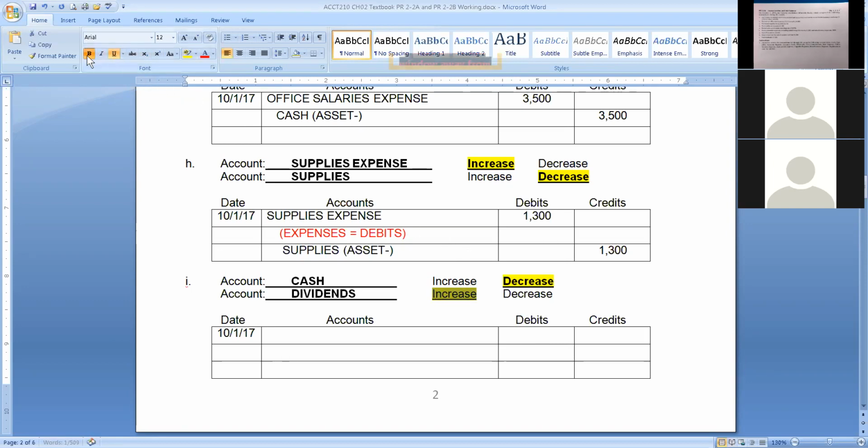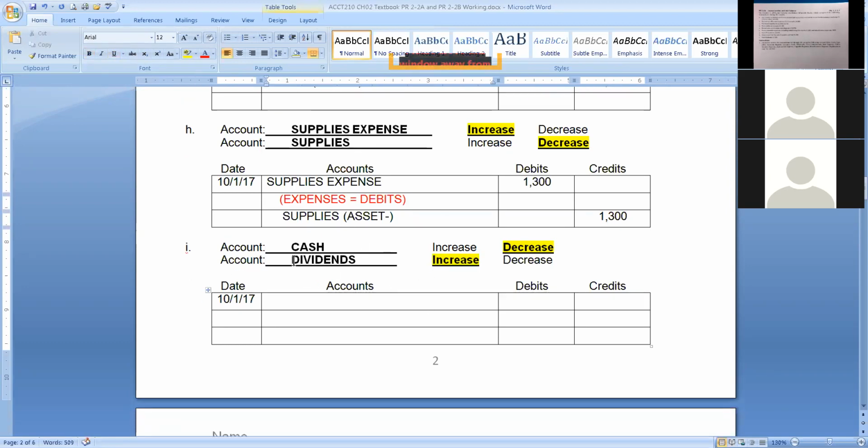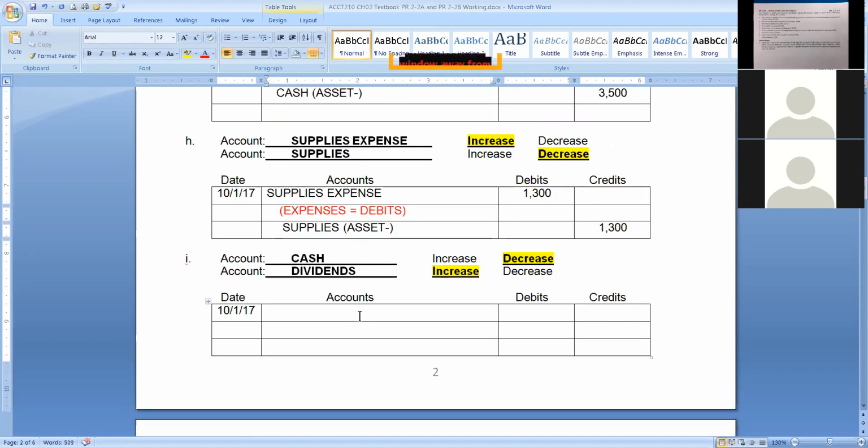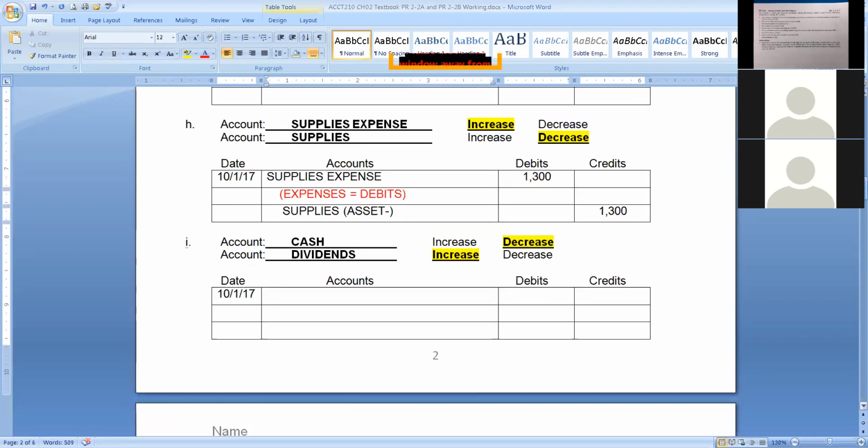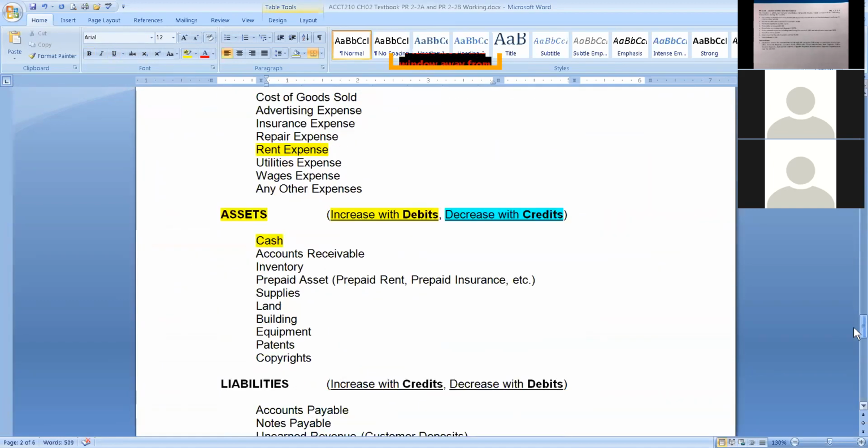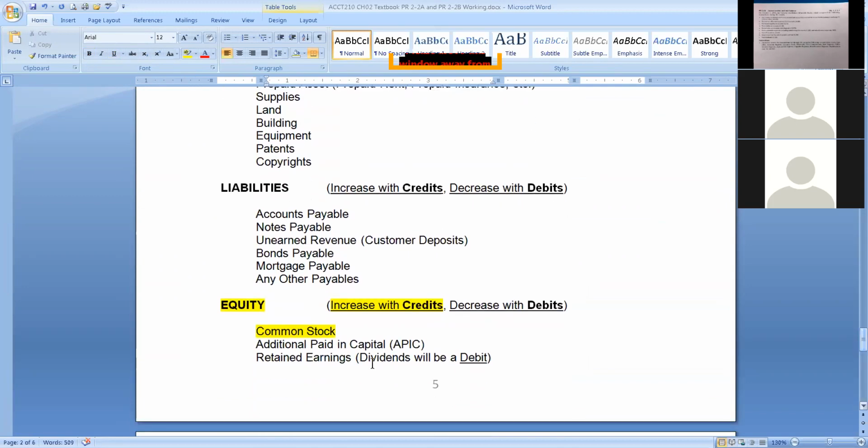Dividends are a tricky one, actually. But anyway, so I'm going to go down here. Dividends will be a debit. The dividends themselves are increasing.